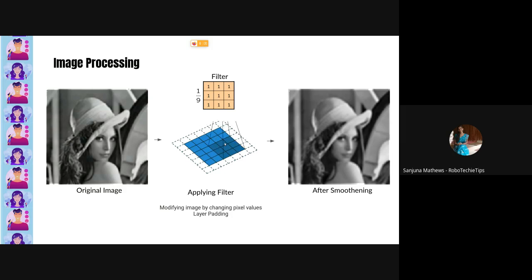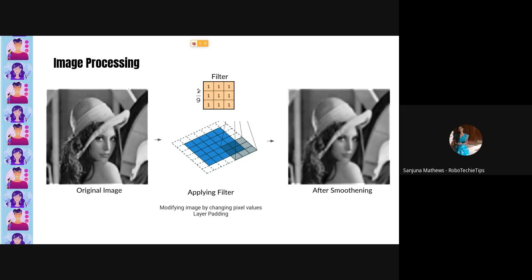at each point it will be convolving with this. For example, if we have some pixel intensities here, 255, 100, 90, and similarly other pixel intensities, and all this matrix value is 1 by 9, each element will be multiplied and then we take the sum of the pixels.